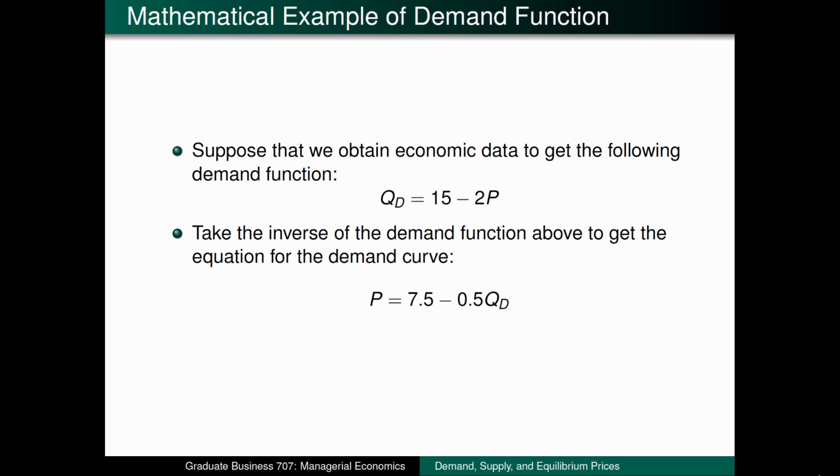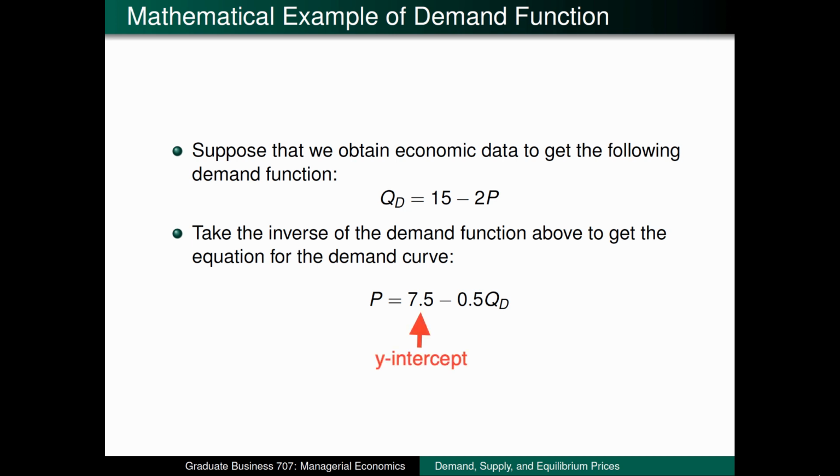Instead, we have to take the inverse of the demand function by isolating price on one side of the equal sign. We can move 2P to the left-hand side of the equal sign and QD to the right-hand side of the equal sign to get 2P is equal to 15 minus QD. And so to isolate P, we divide both sides by 2 to get that P is equal to 15 divided by 2 minus 1 divided by 2 QD, or P is equal to 7.5 minus 0.5 QD.